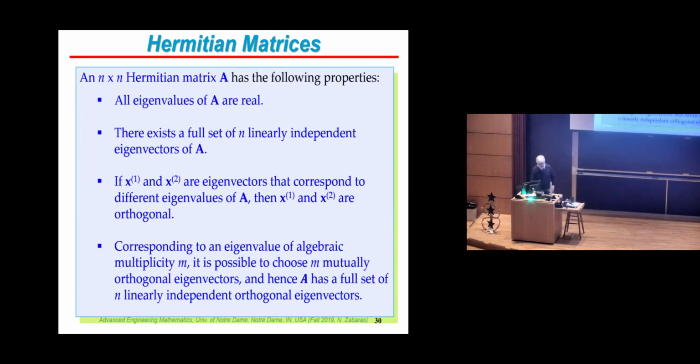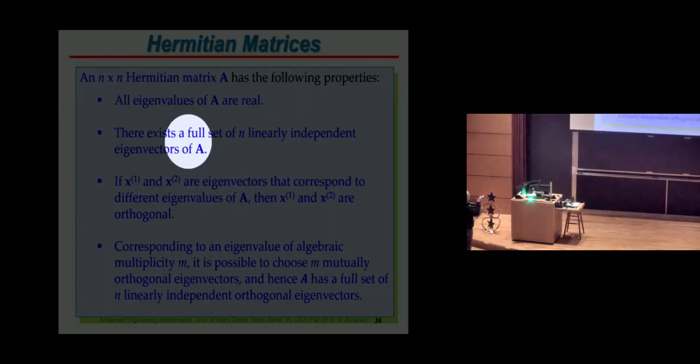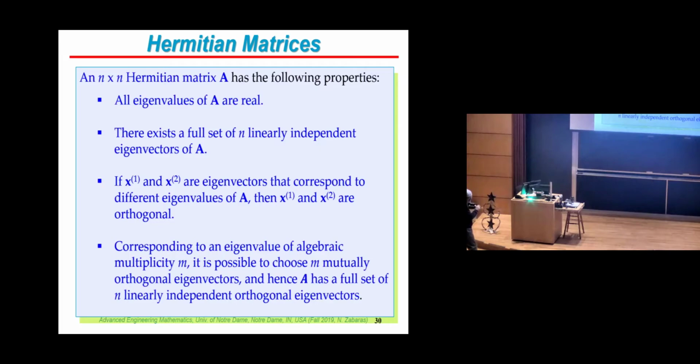And I'm going to remind you of all the good things if the matrix is symmetric. By generalization, we're not proving it here, but if the matrix is Hermitian, here is what I want you to remember, or you should already know this. All the eigenvalues are real. You have a full set of n independent eigenvectors. It doesn't matter if one eigenvalue has algebraic multiplicity of 5 or 6.